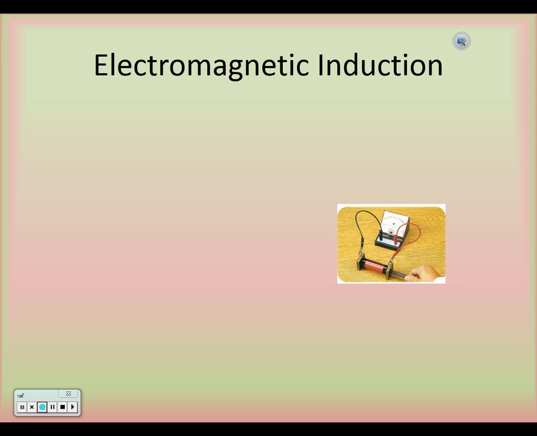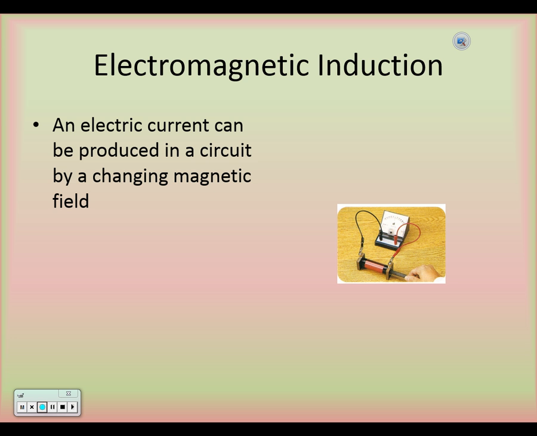This idea that a magnetic field can cause currents, even though there is no voltage source, we refer to as electromagnetic induction. An electric current can be produced in a circuit by a changing magnetic field.